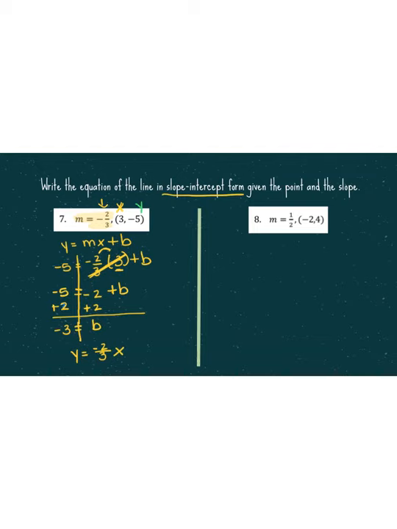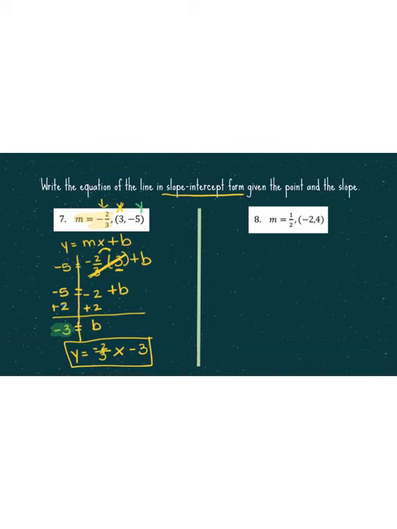And then it's going to say plus whatever my b is. Because my b is a negative number, notice that my b is a negative 3. We could say plus a negative 3, but instead I'm just going to say negative 3, because that's my b. So y equals negative 2/3 x minus 3, and that's in slope-intercept form.